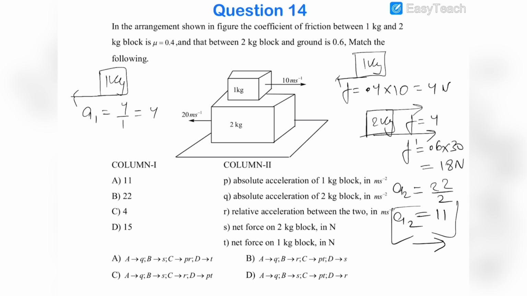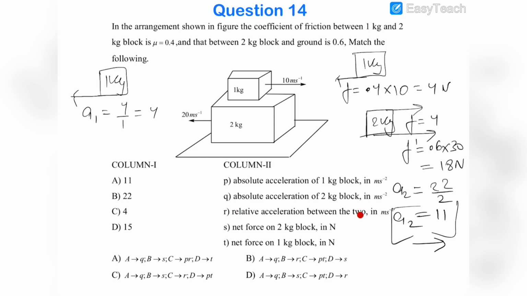So we have to check option D. We can see the absolute acceleration of the 1 kg block is 4, so P is incorrect, so this option is eliminated. Absolute acceleration of the 2 kg block is 11, so Q option is also eliminated.